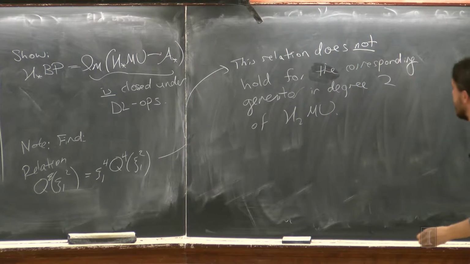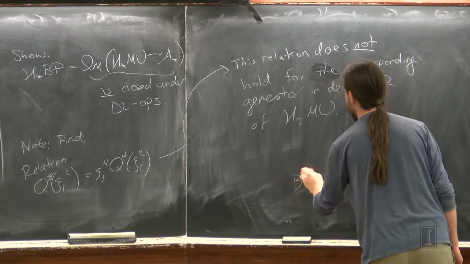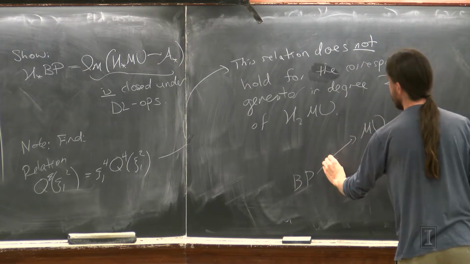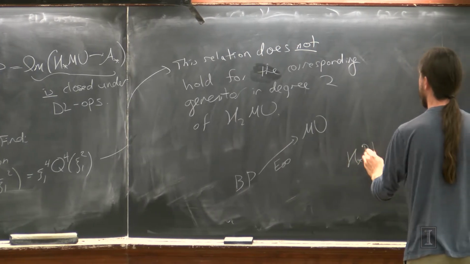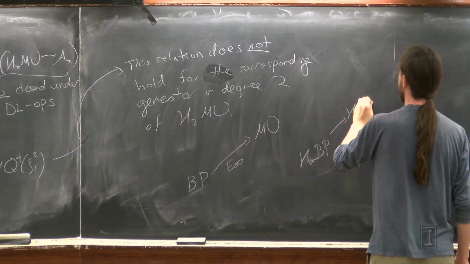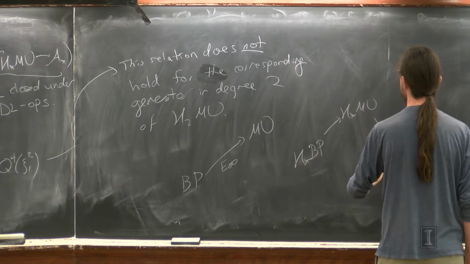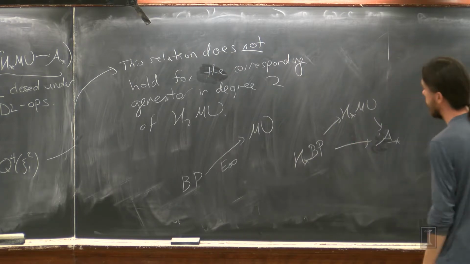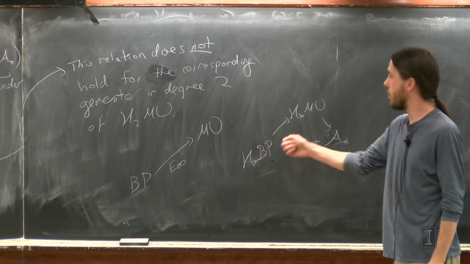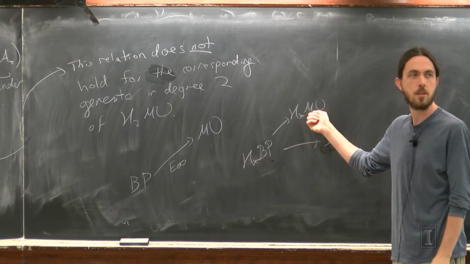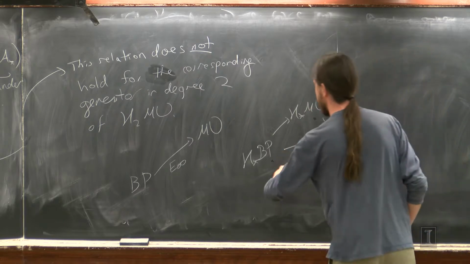So what that actually tells us is that if we had a map from the Brown-Peterson spectrum to MU theory, which was a map of E infinity rings, then we'd get a map from H star BP to H star MU to the dual Steenrod algebra, like so. And we have a relation down here that holds and that gets mapped to a relation up here that doesn't hold. So that gives us a contradiction.